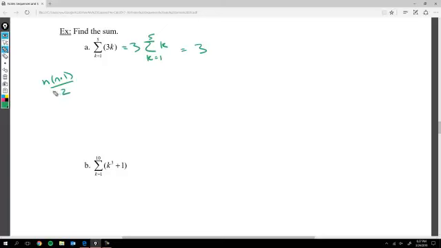Okay, and in this case, n is whatever your index is ending at. So in this case, 5. So that would be the same thing as 3 times 5 times 5 plus 1 over 2. Okay, and this would reduce to 45. So either way, you should get the same thing. If you memorize this, then it's just a quicker way of getting to the answer, but it's by no means absolutely necessary.